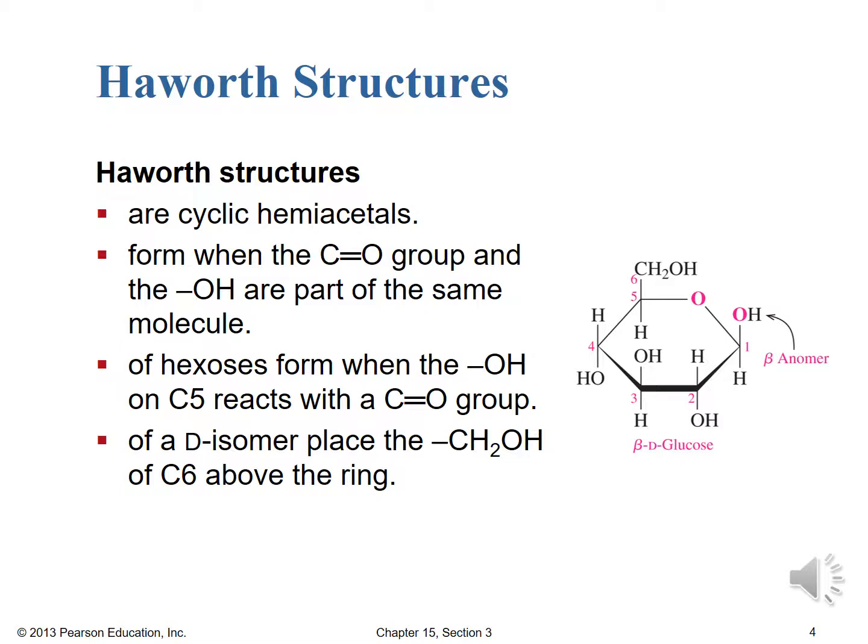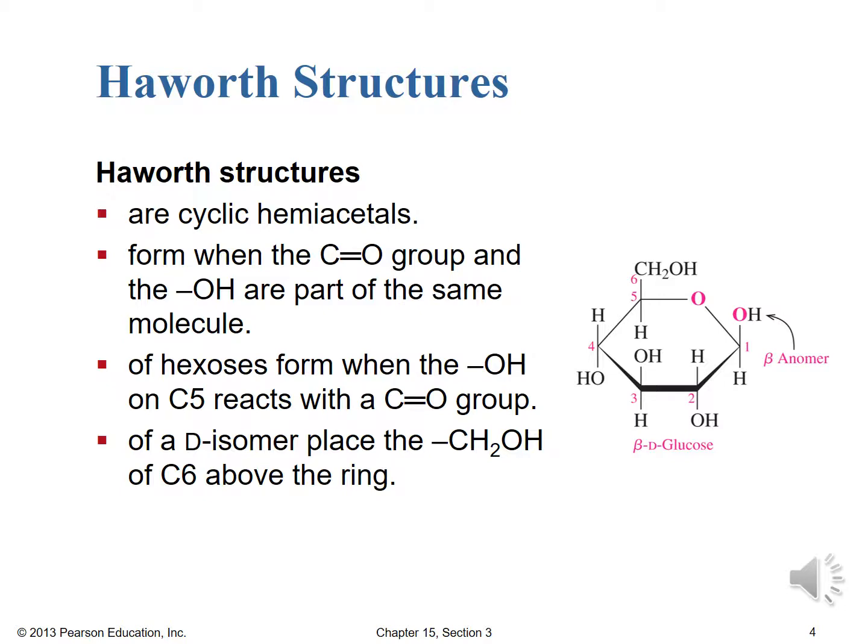If it's a D isomer, we place that CH2OH, that carbon 6, above the ring. If it were an L isomer, we'd place it below the ring. But because biologically speaking, it's the D isomers of the sugars that are biologically useful, we'll tend to see them mostly with the D forms, and therefore with carbon 6 up above the plane of the ring.